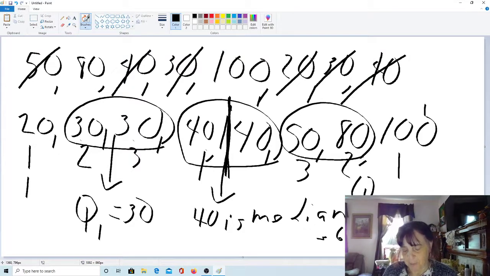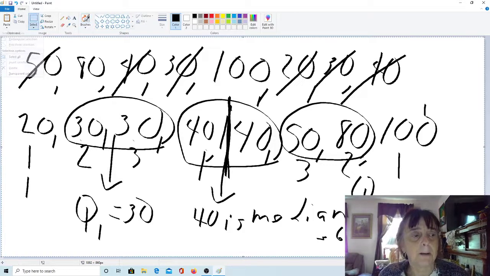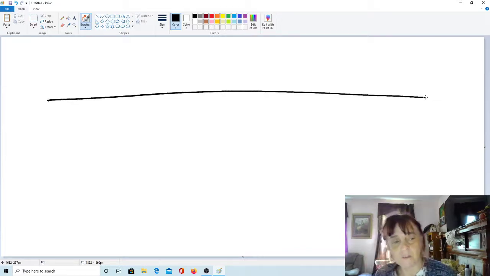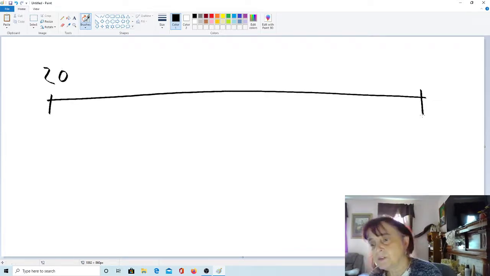So you have the median is 40. Q1 is 30. Q3 is 65. And our lowest number is 20, and the highest is 100. Okay, now we do a box and whisker plot based on that. The lowest number is 20. The highest number is 100.